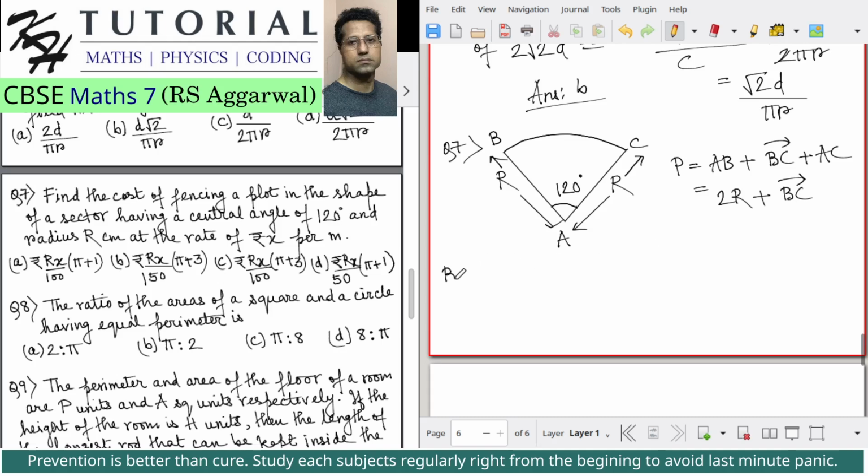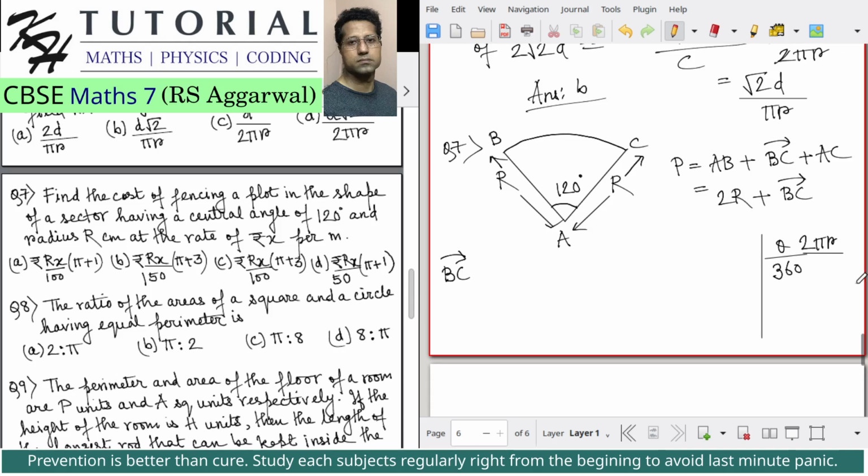We have a formula that the length of an arc that makes an angle theta at the center of a circle having radius small r is theta by 360 multiplied by 2 pi small r.